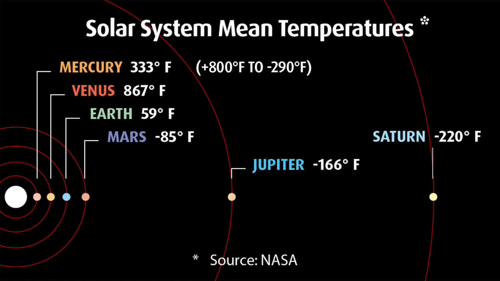Here we have a chart of the mean temperatures of the planets in our solar system, meaning if you took all the temperatures from one pole to the equator to the other pole and averaged them out, that's what you get as a mean temperature. Notice that Earth is 59 degrees because we have some really cold areas and we have some warm areas. So it all averages out to 59 degrees.